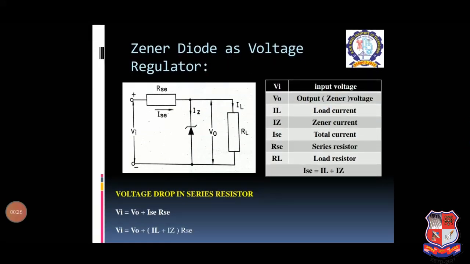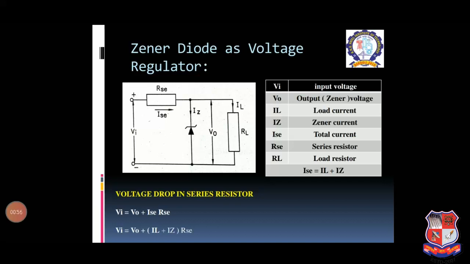Here we have the circuit diagram of Zener diode as a voltage regulator. One of the most important applications of the Zener diode is as a voltage regulator. When a load is connected to the rectifier, the DC load voltage changes with the change in the input AC voltage applied to the rectifier, or with the change in the load current, or both.